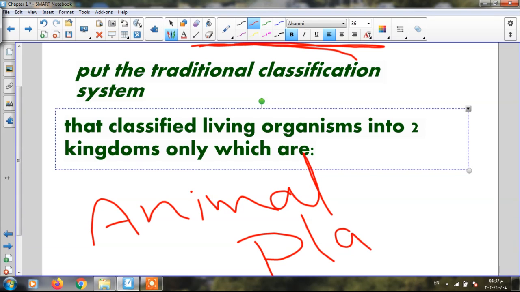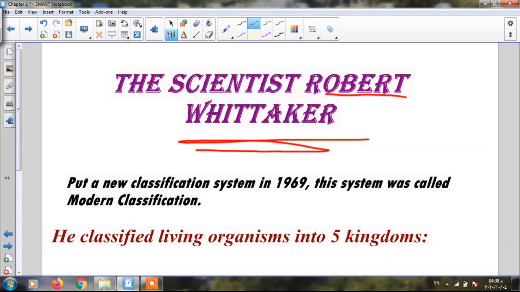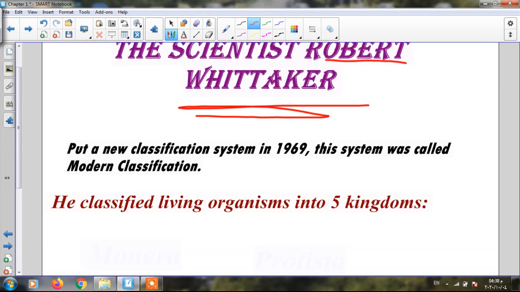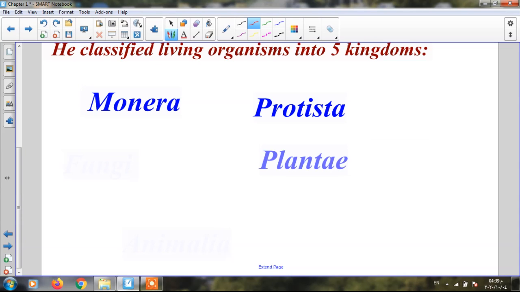Another classification by a scientist called Robert Whittaker. He put a new classification system in 1969, and this system was called modern classification. He classified living organisms into 5 kingdoms, which are number 1 kingdom Monera, number 2 kingdom Protista, number 3 kingdom Fungi, number 4 kingdom Plantae, and the last one kingdom Animalia.